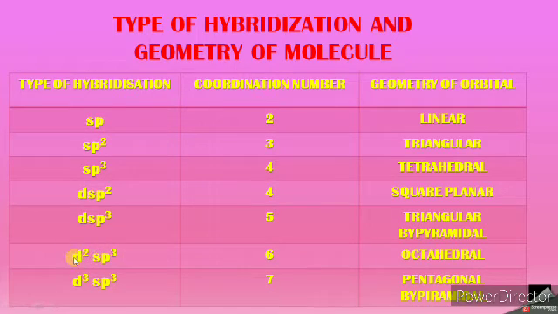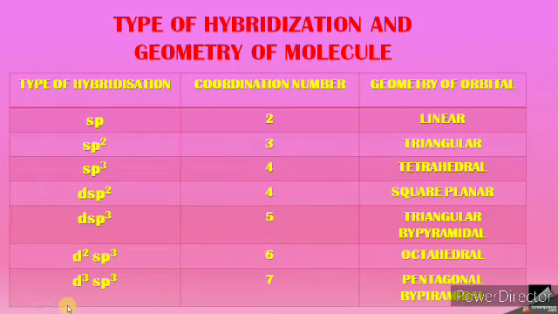Then n-1, 2 d orbitals, 1s and 3p atomic orbitals, that is outer orbitals, means a total of 6. The geometry is octahedral.